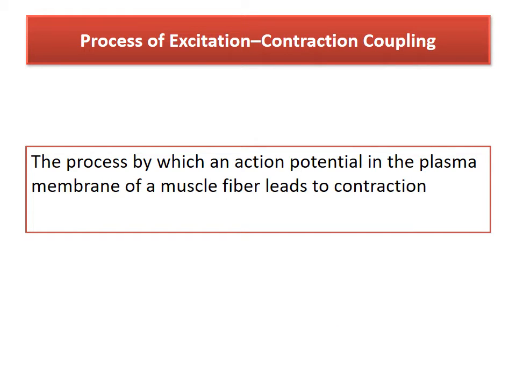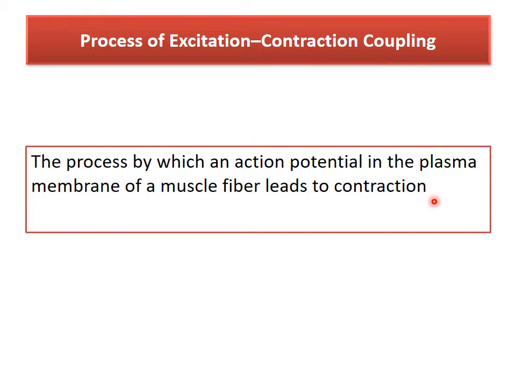Now, what is the process of excitation-contraction coupling? This is the process by which an action potential in the plasma membrane, or you can say sarcolemma, of a muscle fiber leads to contraction.